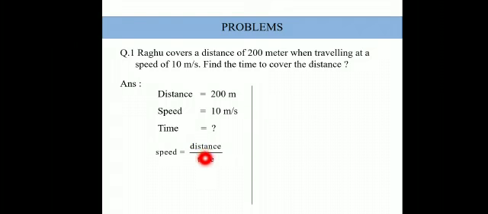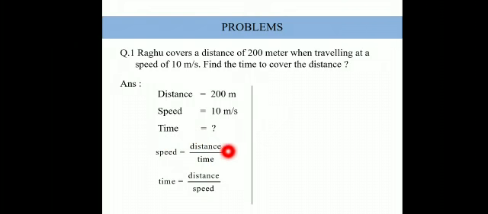But if we have to calculate time, then time goes to that side and speed comes in the denominator. So time is equal to distance upon speed. Also, if we have to calculate distance, then distance is equal to speed multiplied by time, because this is in the denominator. We always do cross multiplication. If we consider speed divided by 1, then we can easily do the cross multiplication.